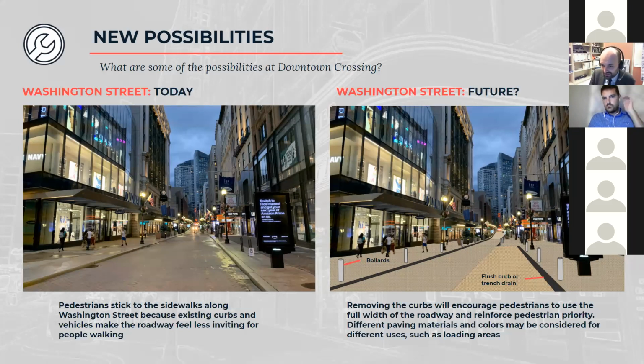We still have so much work to do, discussions to have with abutters to figure out exactly what this will look like. But the key here is just driving home that idea that we could make the streets in the pedestrian zone feel more like a continual pedestrian space, and do that by making the streets completely flush.